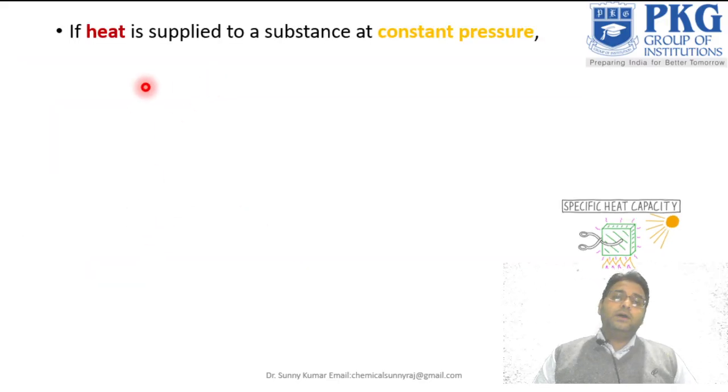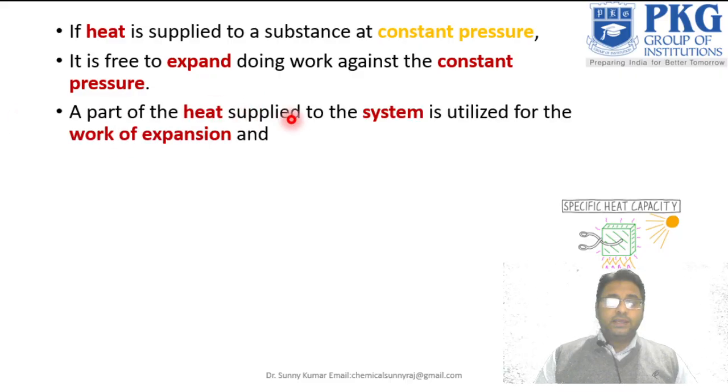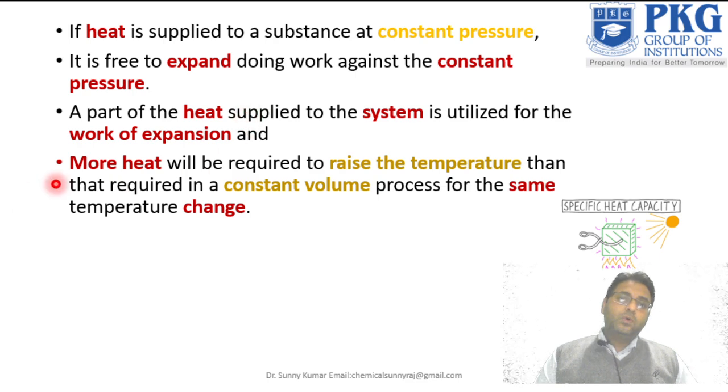If heat is supplied to a substance at constant pressure, it is free to expand, doing work against the constant pressure. As part of it, the heat supplied to the system is utilized for the work of expansion. So more heat will be required for the rise of temperature than that required for a constant volume process for the same temperature change.